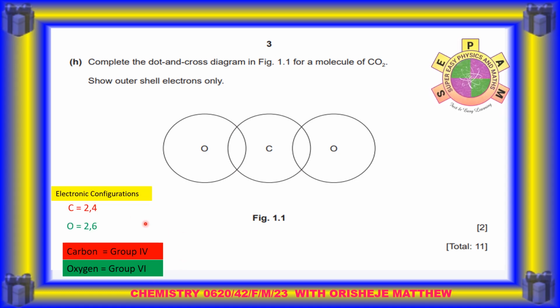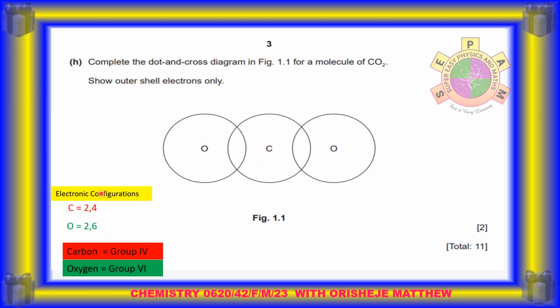Then we look at the electronic configuration. From the periodic table, we know that the atomic number for carbon is 6, while the atomic number for oxygen is 8. So we have 2,4 and 2,6.